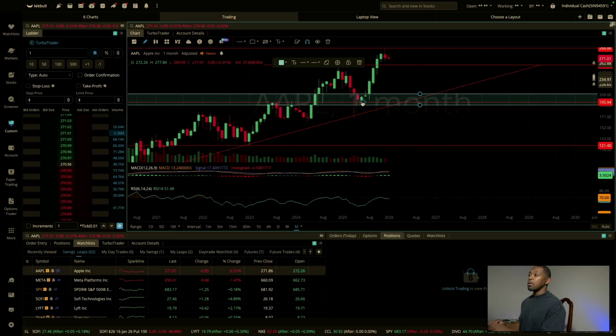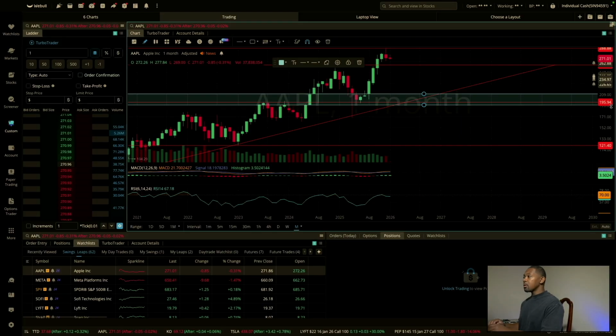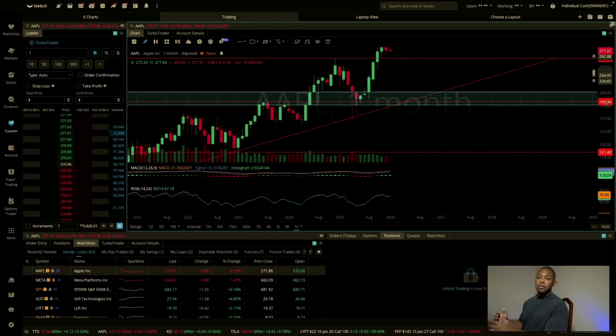Again, right here, when we finally took off, it came back down. Well, it opened here, and it went up. It came down eventually, but it went all the way up to 234 after it hit 210. So that's a big jump. Those are what I like to call areas of interest.